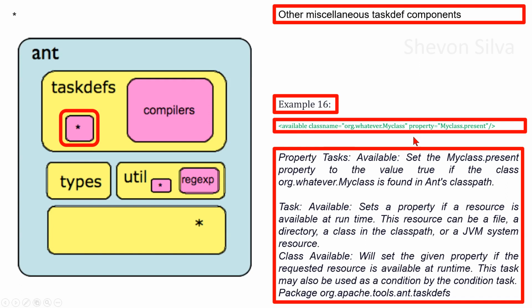This resource can be a file, a directory, a class in a class path, or a JVM system resource. With regard to API, the class available will set the given property if the requested resource is available at runtime. This task may also be used as a condition by the condition task. This is in the package org.apache.tools.ant.taskdefs.